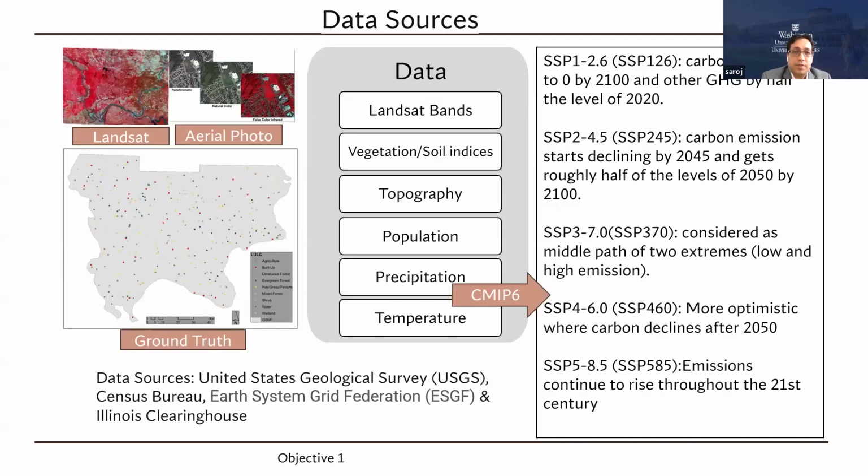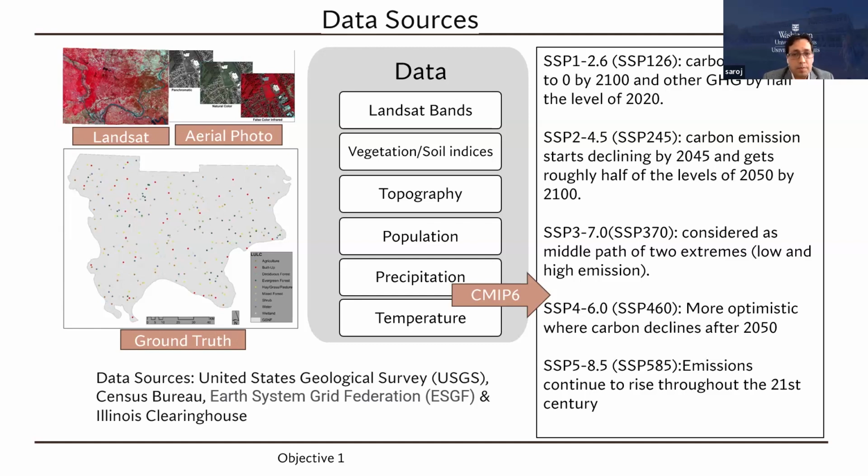For this objective, I used a suite of data sets, primarily Landsat data, all the bands of Landsat data, different vegetation and soil indices produced from this Landsat data, topography, which is elevation, aspect and exposure, population, precipitation, and temperature, which were primarily used for prediction for 2050.